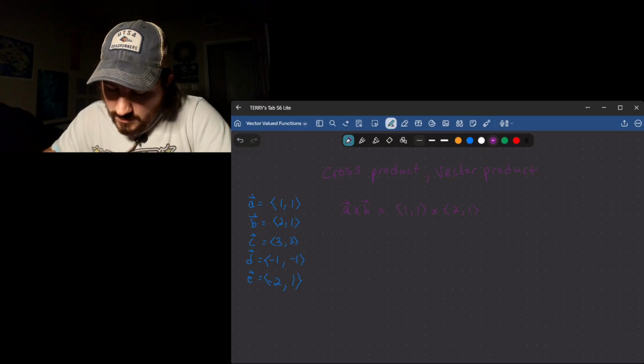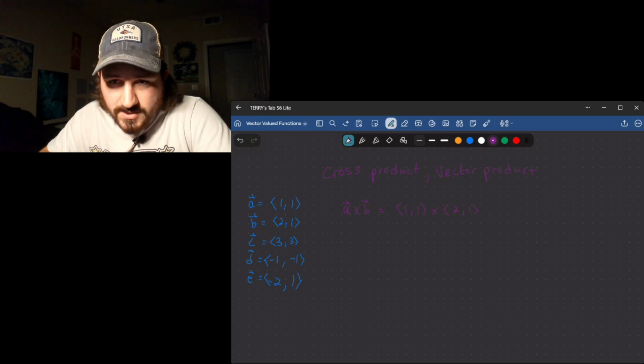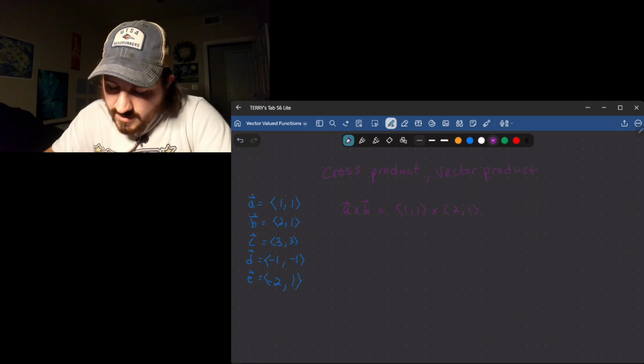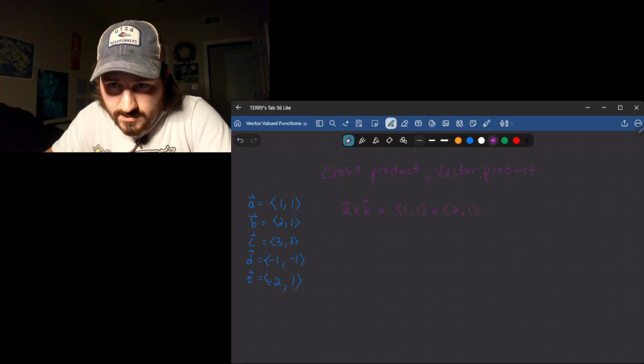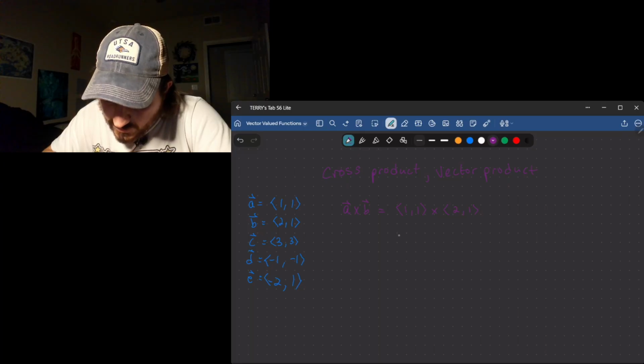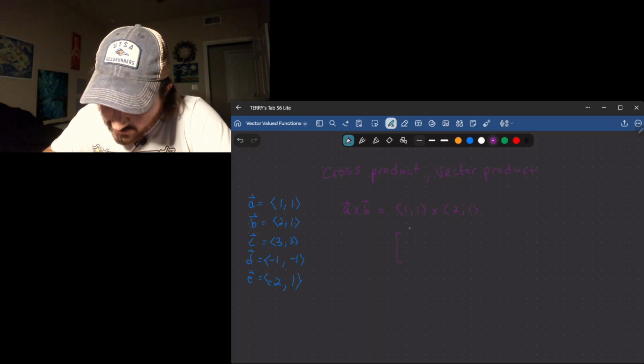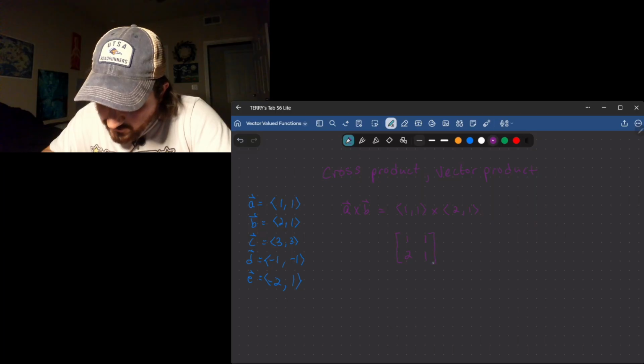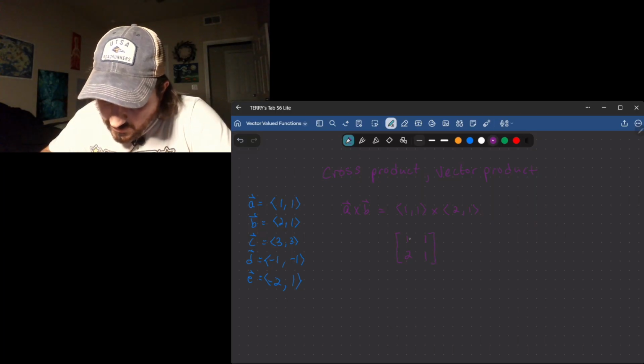Okay? So what we're going to do is start by going through a couple of examples. We're going to start here with A cross B. I've already written out the vectors A and B, and we're just going to do the cross product of these guys. If we write these as a matrix, which, if you remember these from linear algebra, hopefully you'll be in good shape here. All we have to do is say, okay, well, I need determinants, but I'm going to first evaluate this coefficient, right?